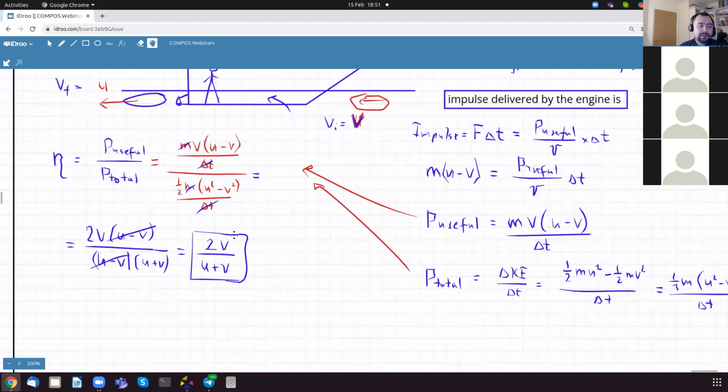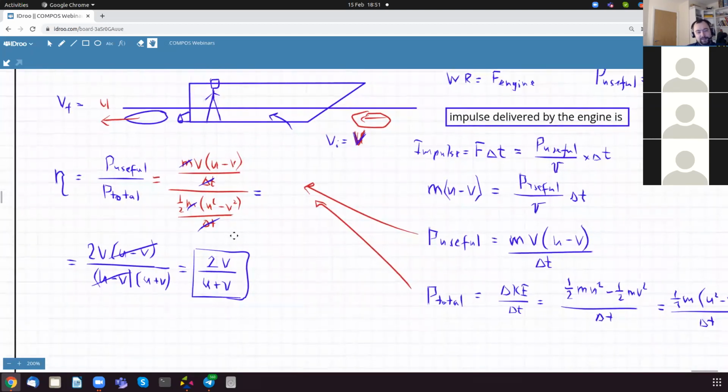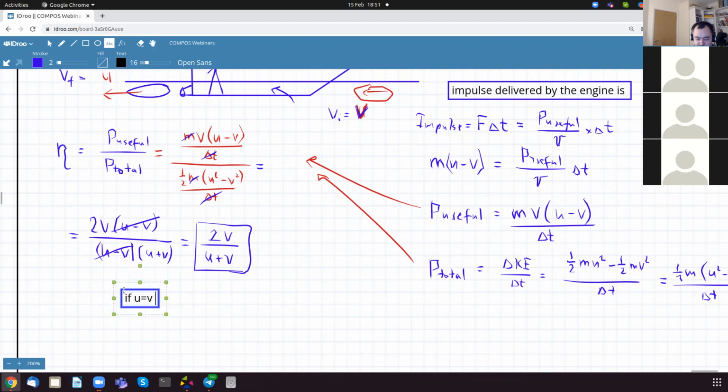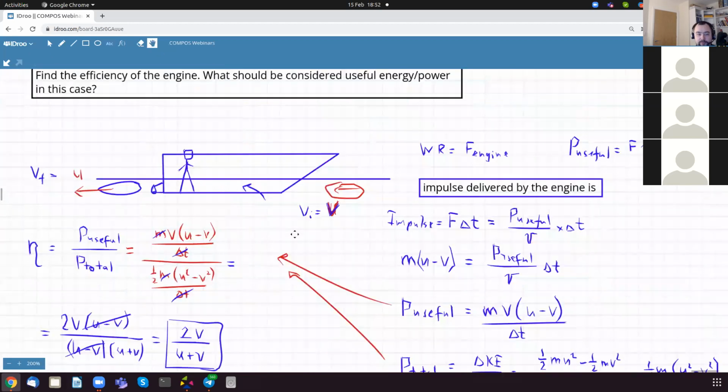And interestingly, when U is V, this efficiency becomes 1. I wonder what that means. This is something for you to think about. If U is V, efficiency is 1. Very interesting.